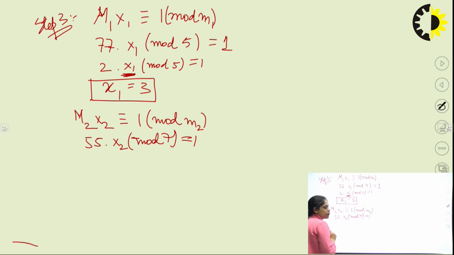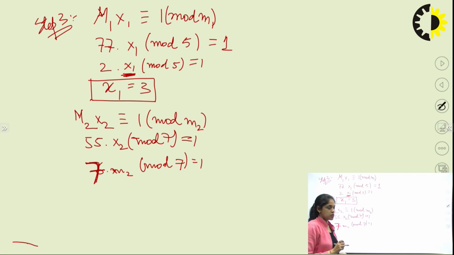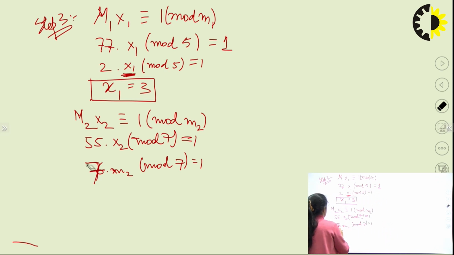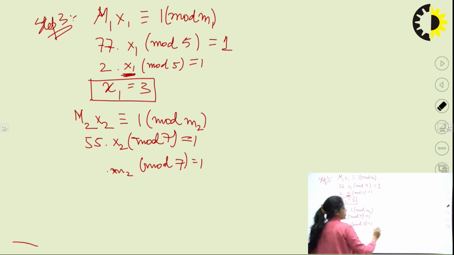Now when we will take 55 mod 7, it will give you, so if we will take 7 7s are 49, then it will give you the remainder as 6. So we will write the remainder over here as 6.